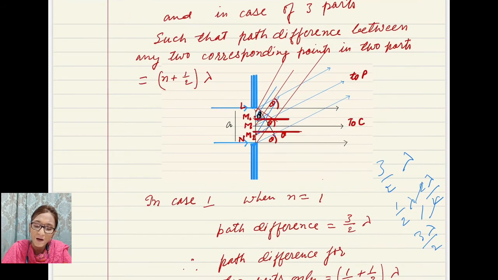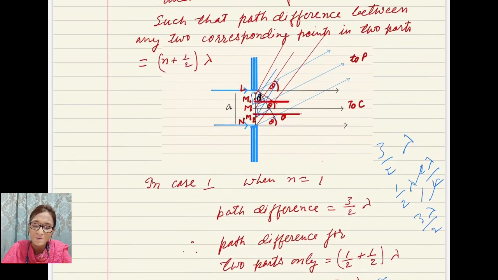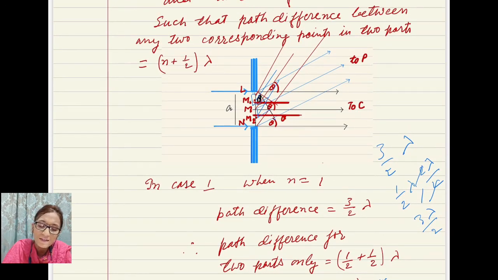So for every point in the first part M1, there will be a point M2 in the second part for which the path difference becomes lambda by 2, because the total length is lambda. For the two parts you have total length lambda, and for M1 and M2 in the two parts, you will have lambda by 2.